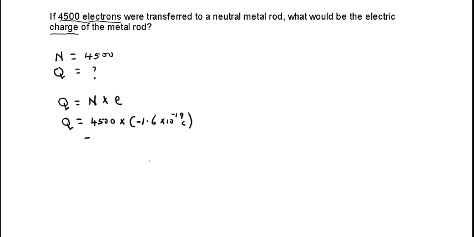When we resolve that, we are going to have negative 7.2 times 10 raised to the power negative 16 coulombs. So this becomes the charge of the metal rod.